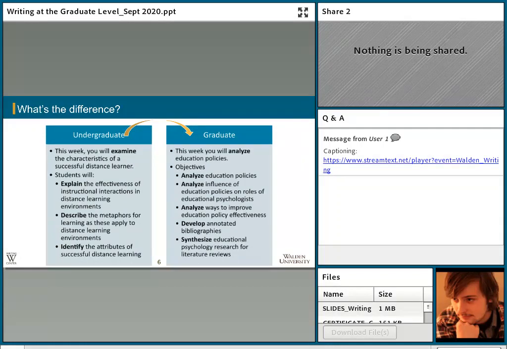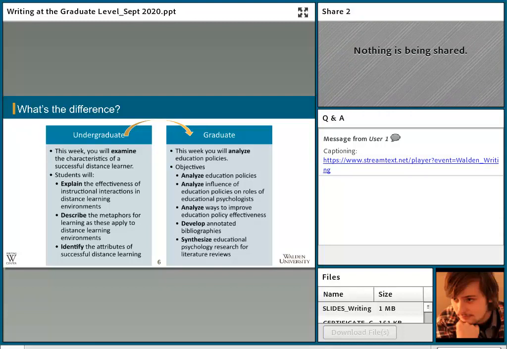In looking at something like an assignment prompt, we can see the differences that I highlighted between undergraduate and graduate writing. As we look at the undergraduate prompt here, this week you will examine the characteristics of successful distance learning. So examine, it's asking you to take a look at it, but not really to apply that knowledge, right?